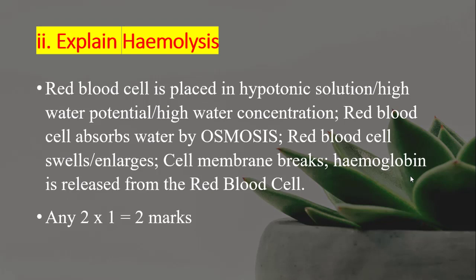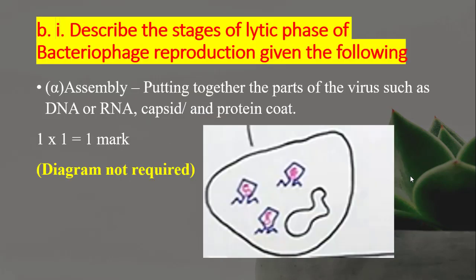Good. Then we go to 1B(i), which asks you to explain certain stages of bacteriophage reproduction. The first one was assembly, and it's just putting together the parts of the replicated virus, like the DNA, capsid, protein coats, and so on. This is just 1 mark. The diagram is not required.